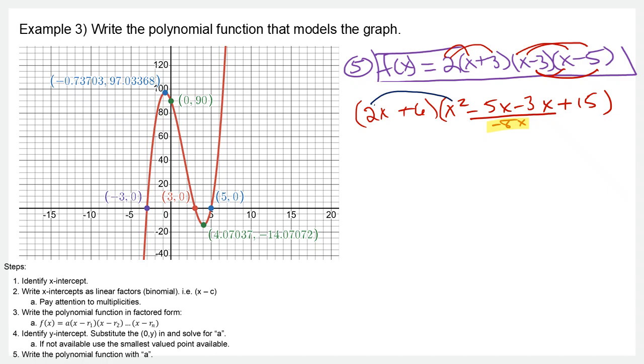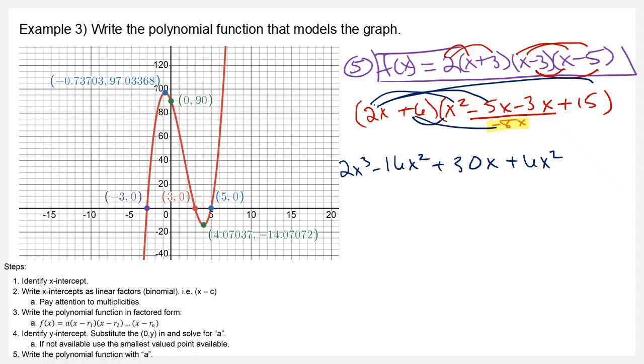So now you have 2x times x squared, which is going to give you 2x cubed. You have 2x times negative 8x, because that's what these two combine to make, which is going to give us negative 16x squared. And you have 2x times 15, which is going to give us positive 30x. Now you're going to do 6. So you have 6 times x squared, which gives us 6x squared.